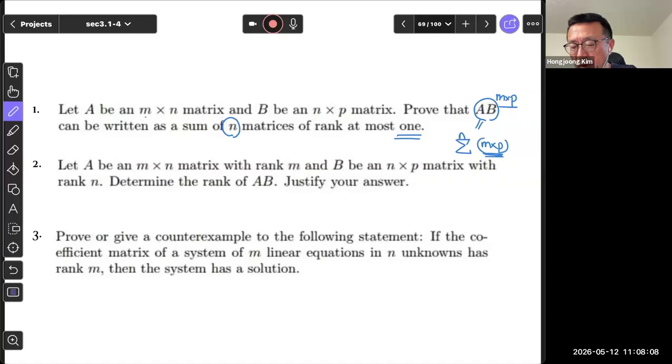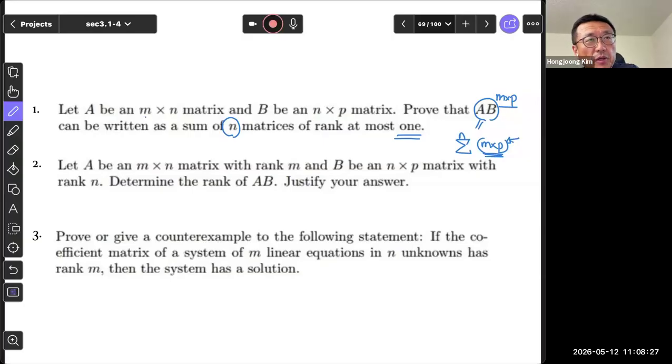So I want to write AB as a sum of such matrices. Please think about this, and please think about the way to construct these m by p matrices used in the summation.